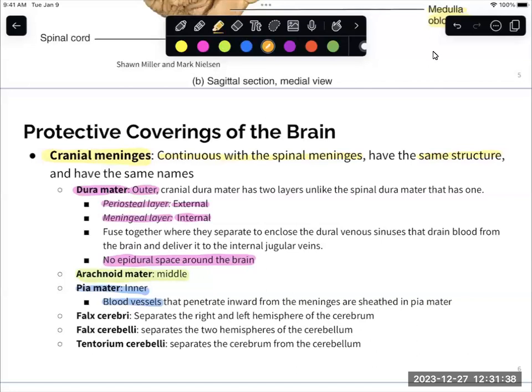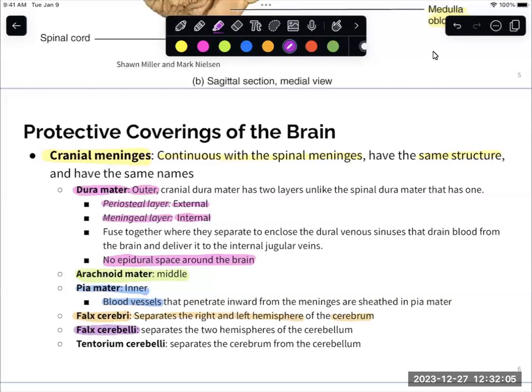Another thing that makes up part of these cranial meninges is the falx cerebri. This is a portion that comes down the middle of the brain that's going to separate our right and left hemispheres of the cerebrum. We have a falx cerebelli.